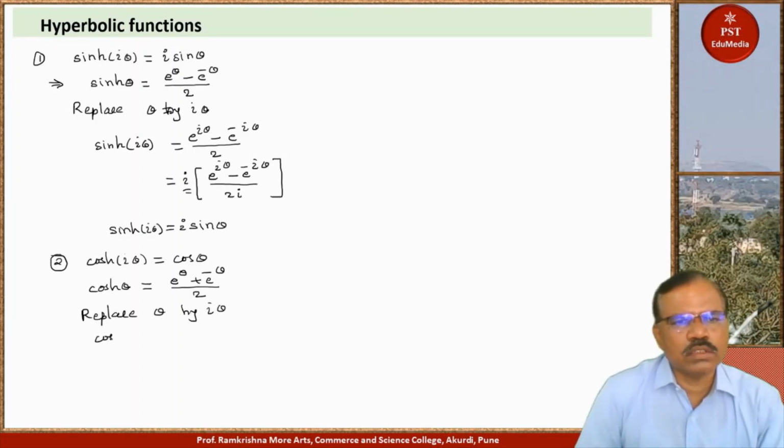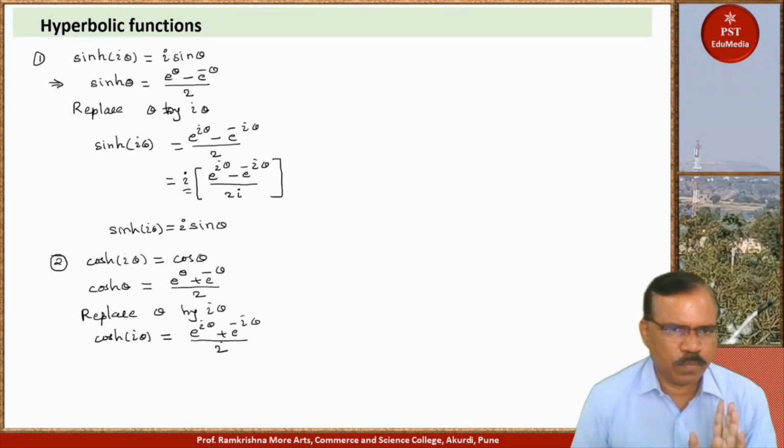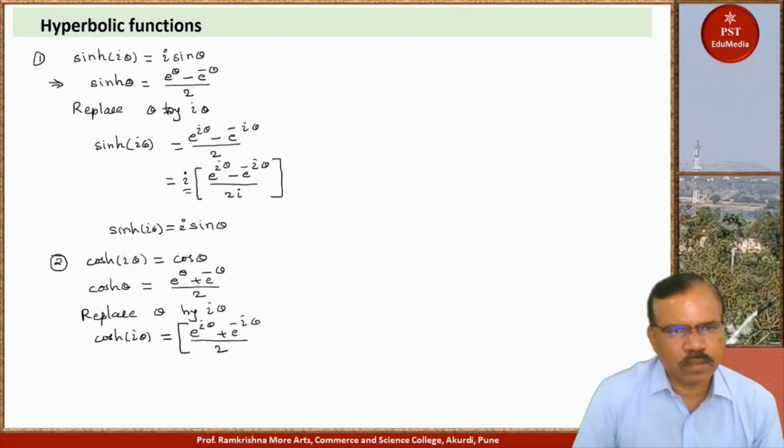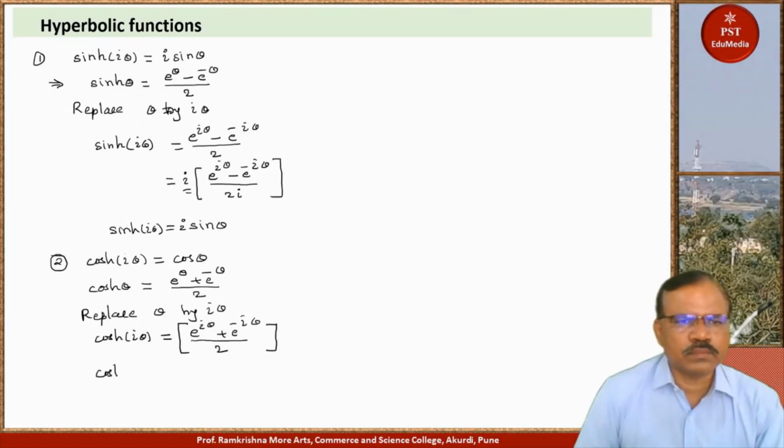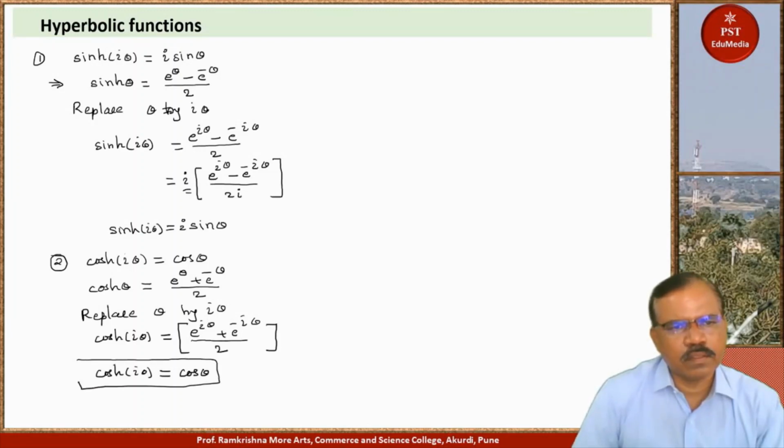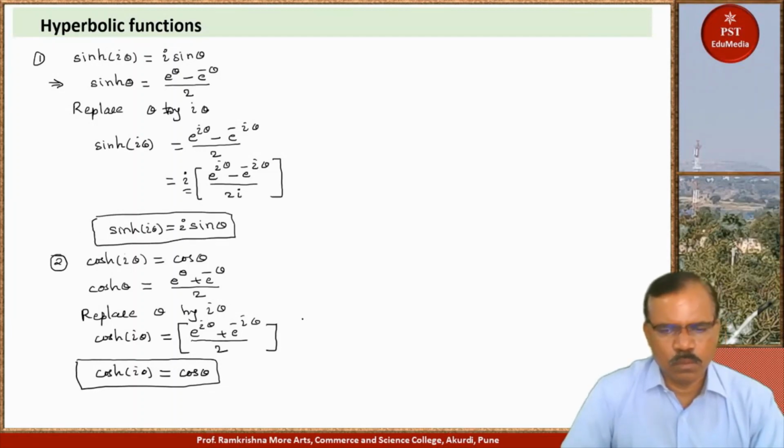So we will get here cos hyperbolic i theta is equal to e raised to i theta plus e raised to minus i theta upon 2. We have just replaced theta by i theta. Now if we see this expression, this is cos theta. So we get here cos hyperbolic i theta is equal to cos theta. So this is another identity.